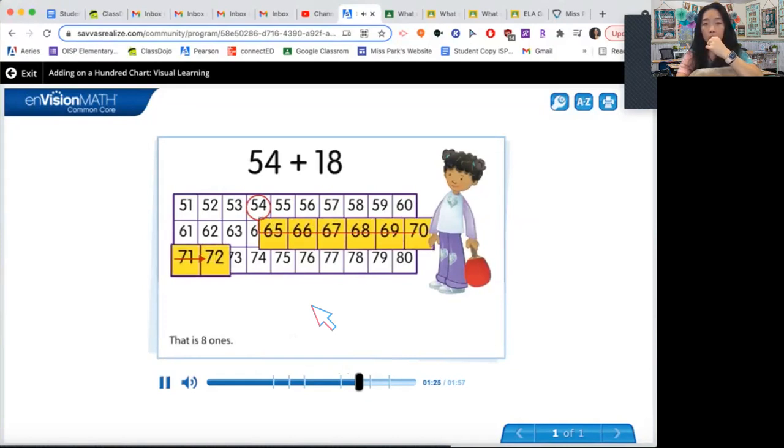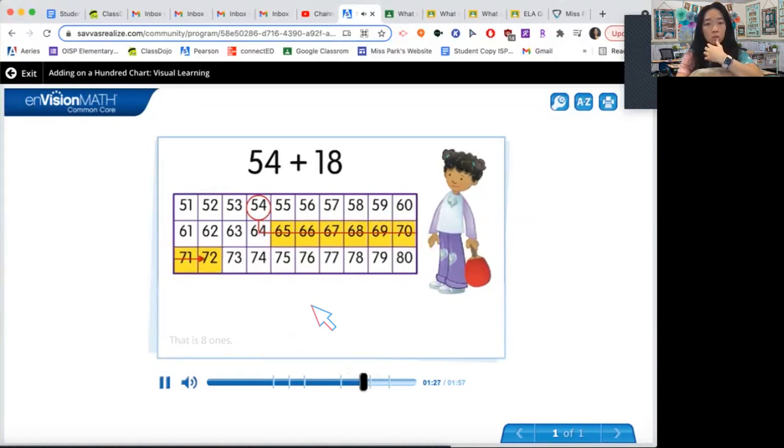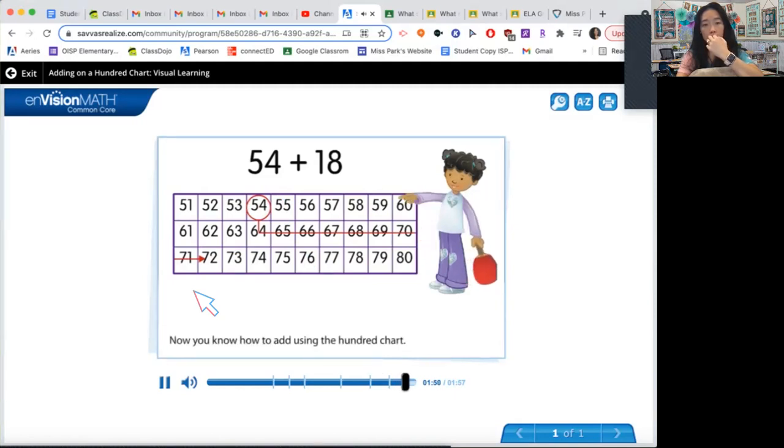That is 8 ones. How much more is 72 than 64? 72 is 8 more than 64. How much more is 72 than 54? 72 is 18 more than 54. Now you know how to add using the 100 chart.